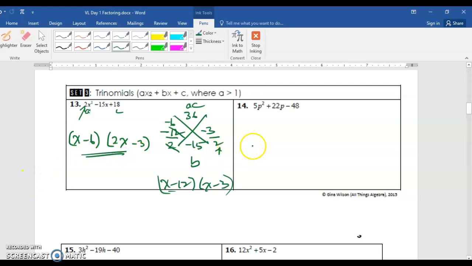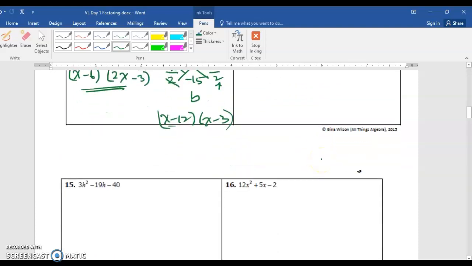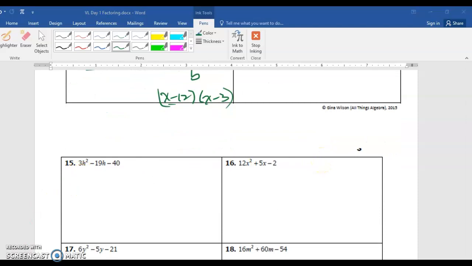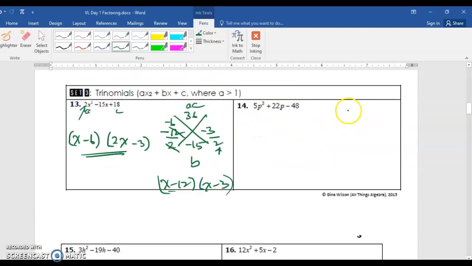Okay, let's do quickly one more over here. Okay, here if you see, you will get 5 times 48 as a big number, and I'll make it a little easy for you.